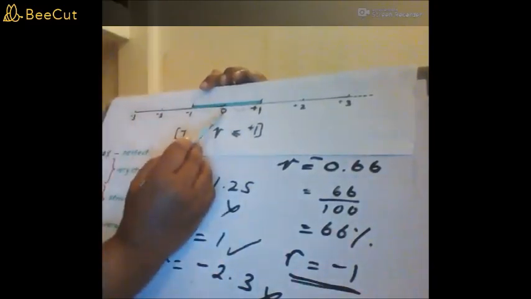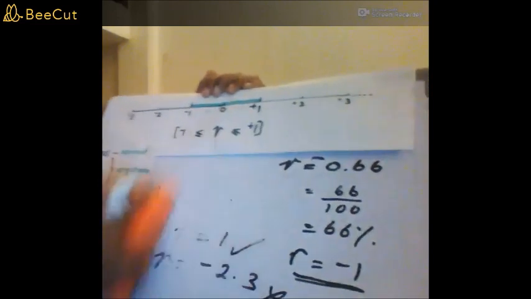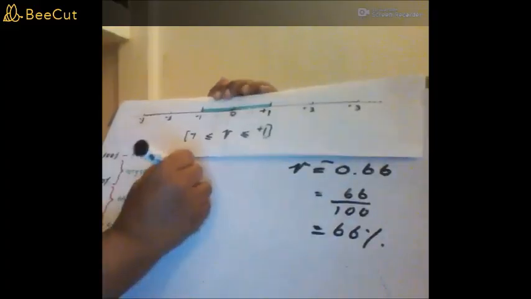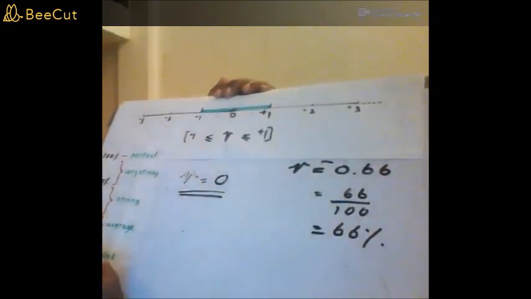0 means there's no relationship. If you get rho equals 0, this coefficient equals 0, your answer is 0, right?